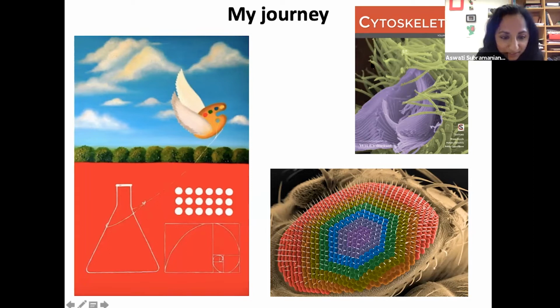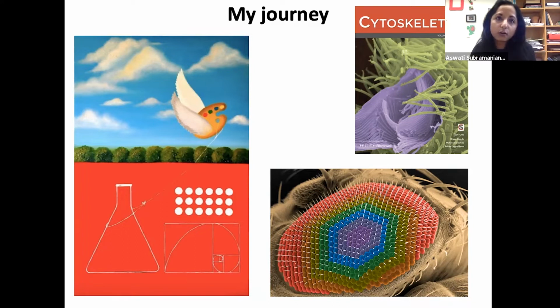And that's why you see this line from this conical flask that connects to this palette. However, in the past, I was not really able to find a way to combine these two aspects. Yes, as I was studying microscopy, I found ways to integrate color and graphics into some of my images that you see to the right.